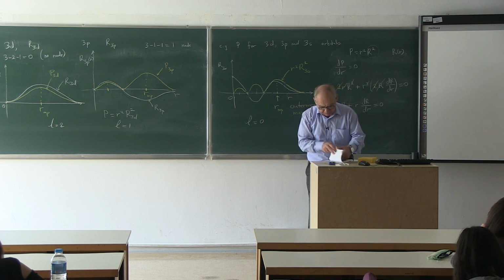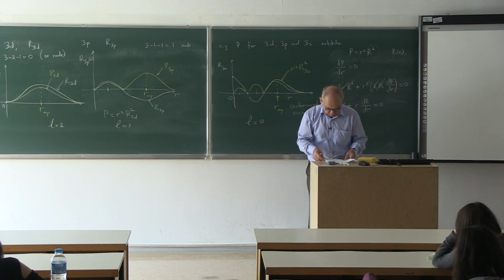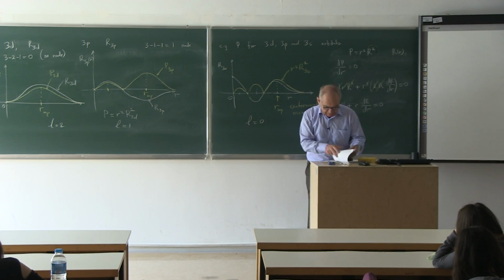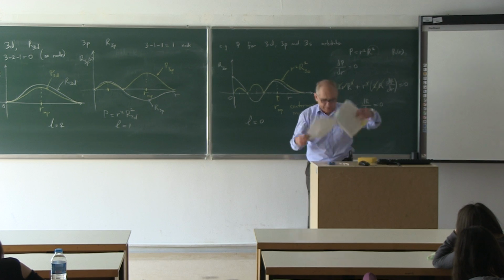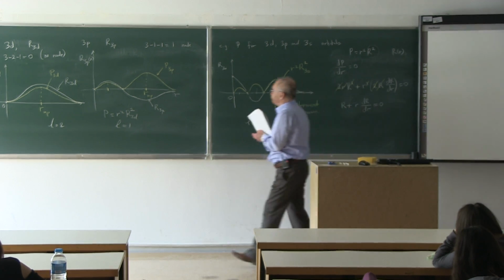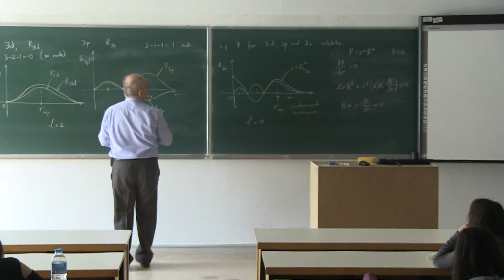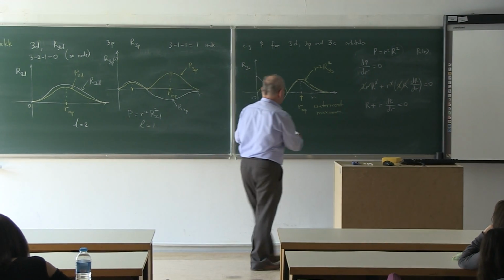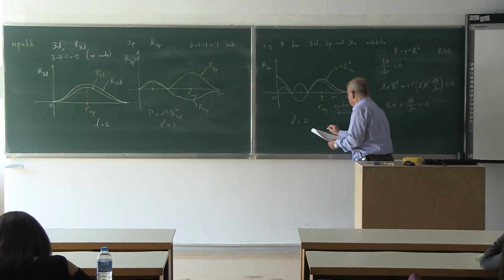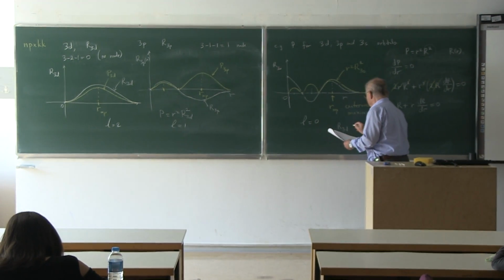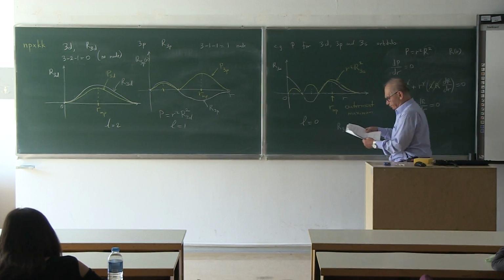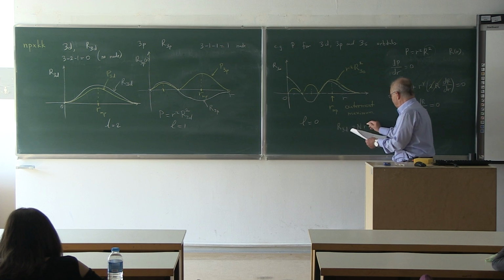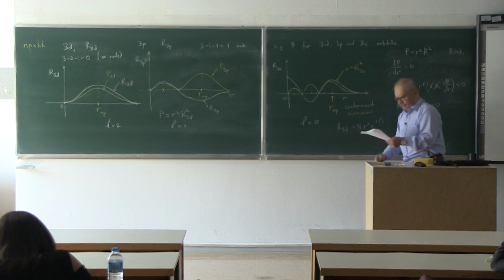So, I will do one example from R 3D. A normalization constant times r squared times e to the minus r over 3.